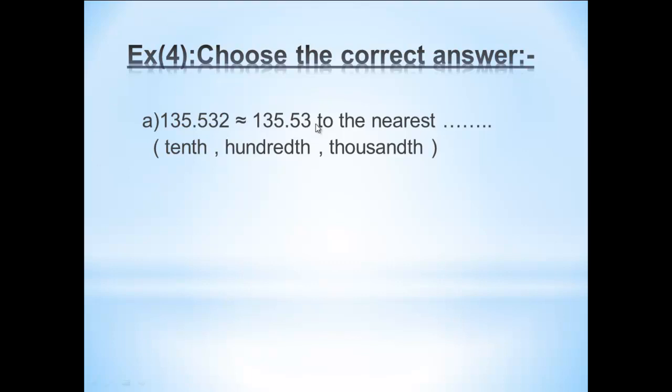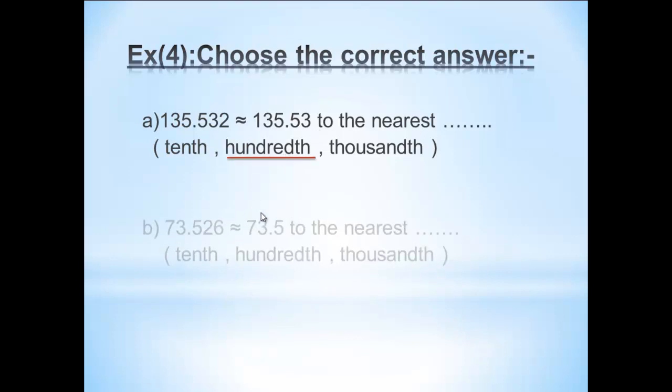To solve this problem, ask yourself how many digits after the decimal point after approximation: 2. Before approximation we have 3 digits, and after approximation we have 2 digits. It needs only 2 digits after the decimal point. Approximate to hundredths. Very good.